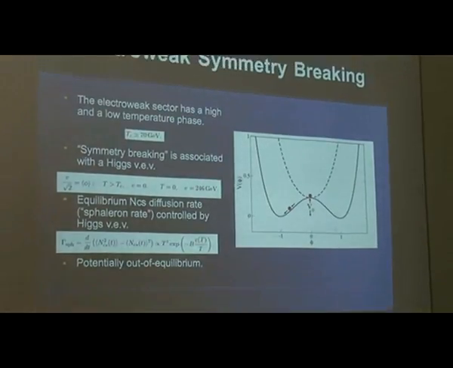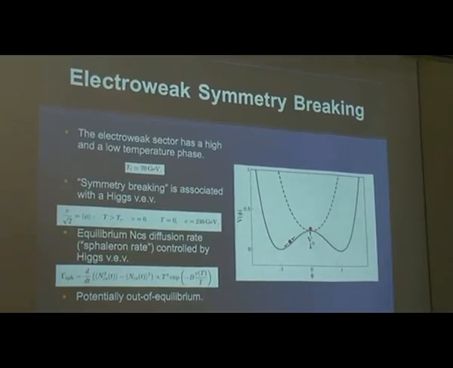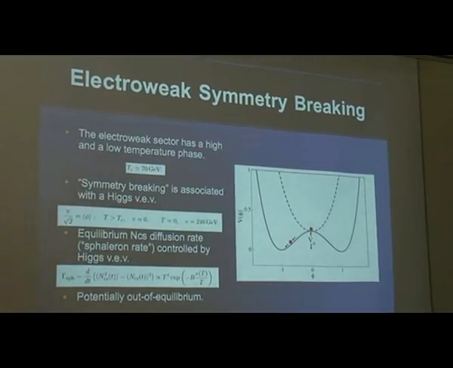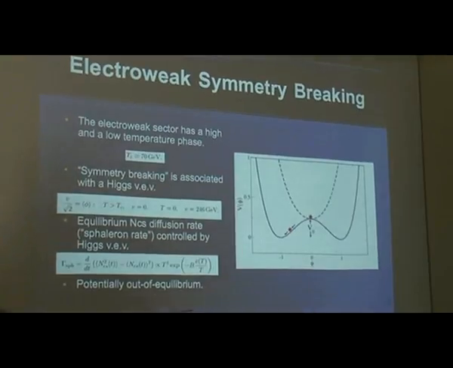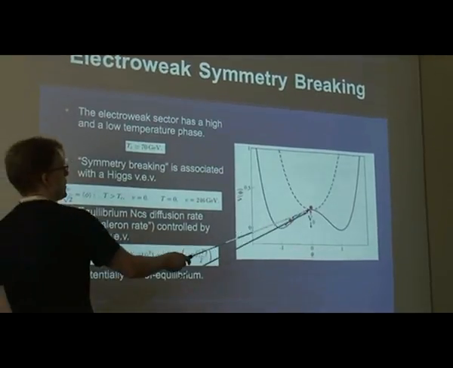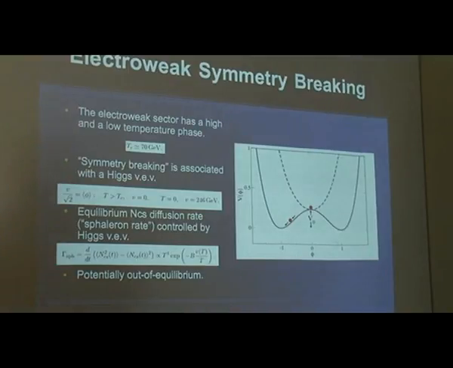Okay. Then we know that the electroweak sector is in a symmetry breaking minimum. The Higgs has a VEV, and we interpret it as the theory having a phase transition between a high temperature phase in which the average of the Higgs field is 0, and a low temperature phase in which it is not.